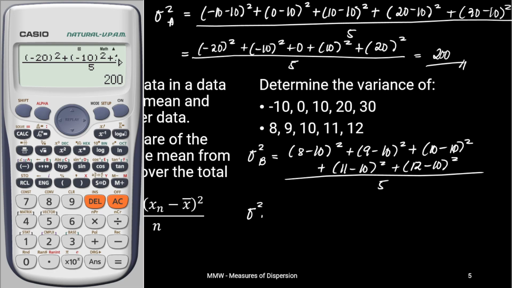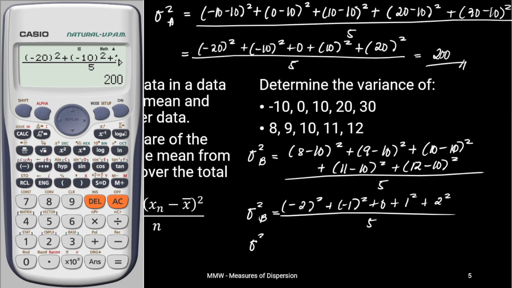So we have sigma squared B, equivalent to negative 2 squared plus negative 1 squared plus 0 plus 1 squared plus 2 squared, all over 5. 1 squared is 1.